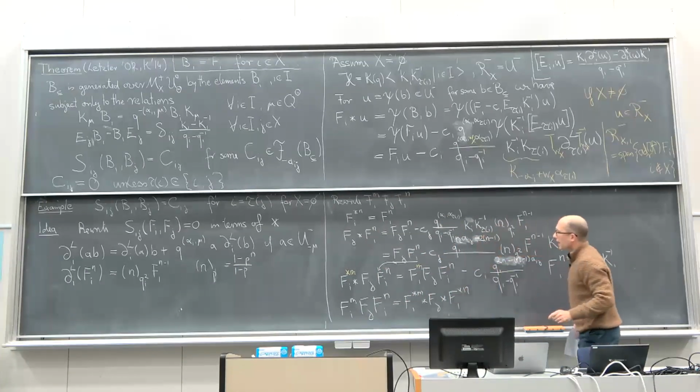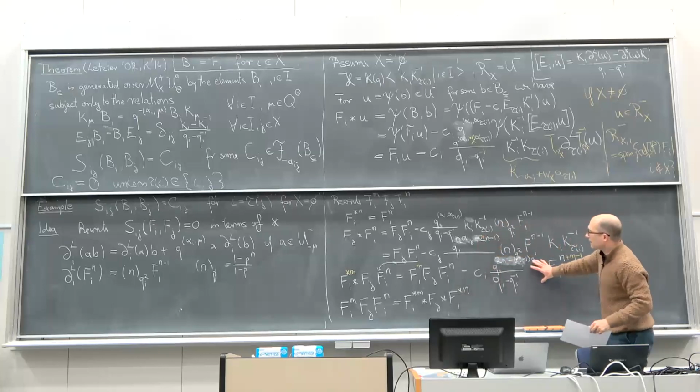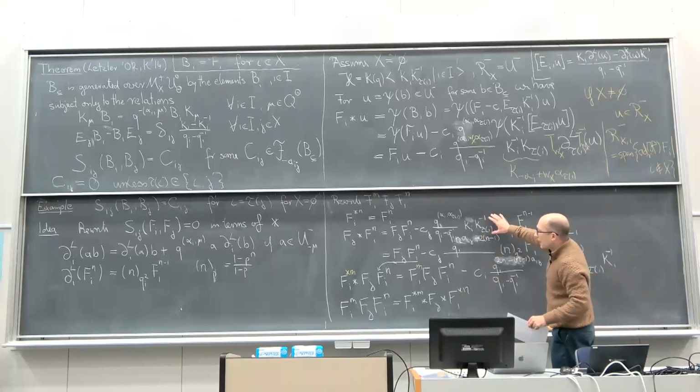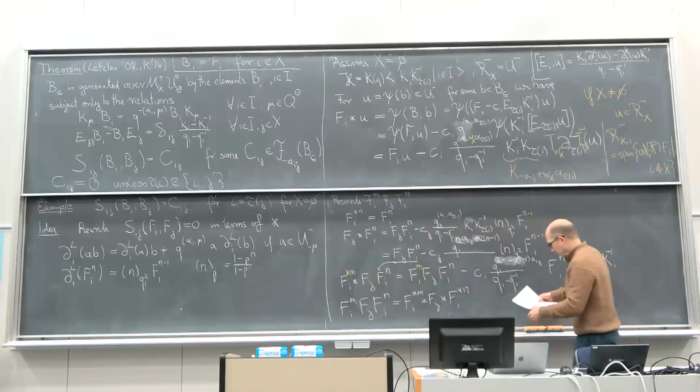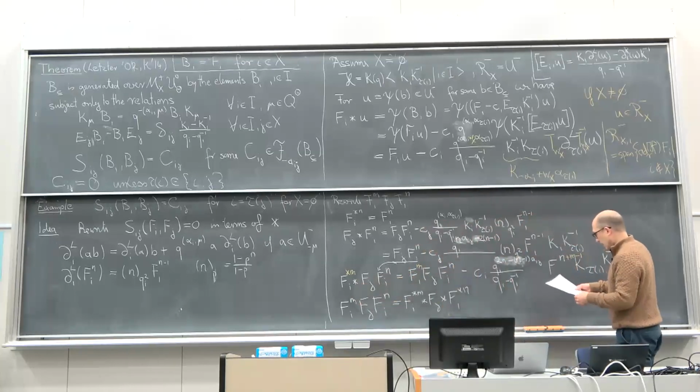And then I get two error terms, namely the one I have here and the one I have there, multiplied by fi star to the m. Yeah, so I get two error terms, and maybe I abbreviate this a little bit.